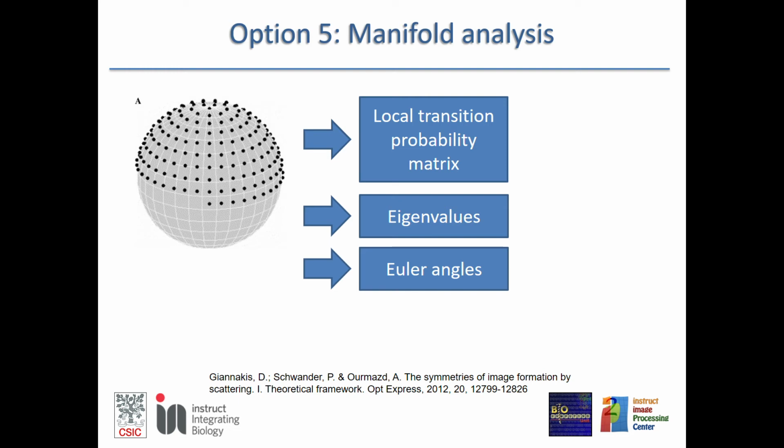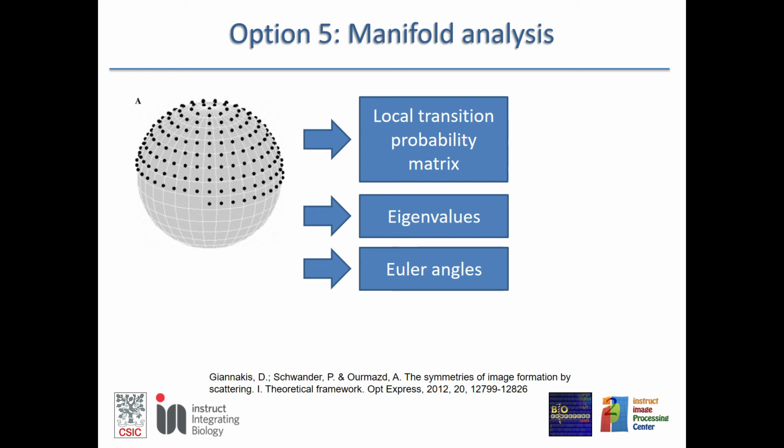One of them, for instance, was trying to compare all possible pairs of images or classes, and then trying to construct a local transition probability matrix, and it was done with images. And then from this local transition probability matrix, somehow try to infer the Euler angles.